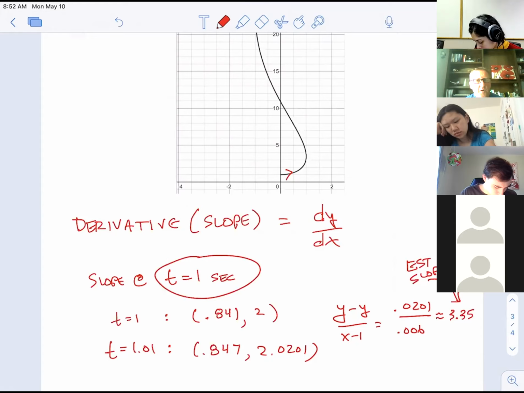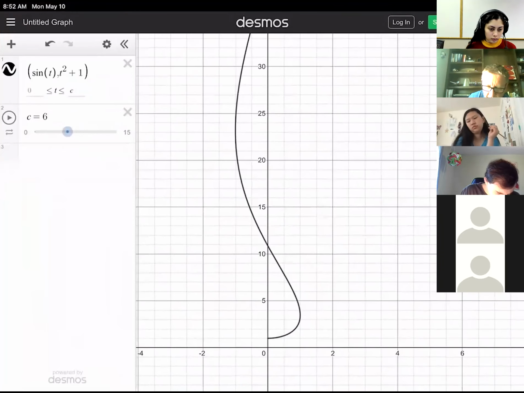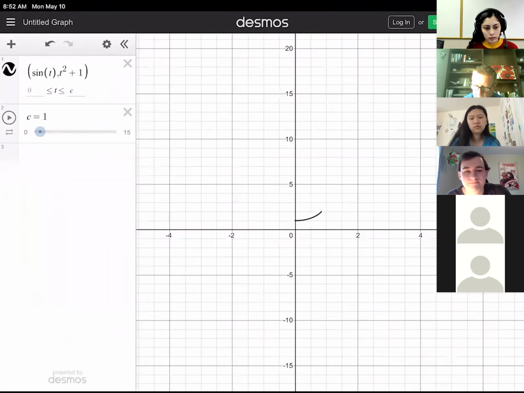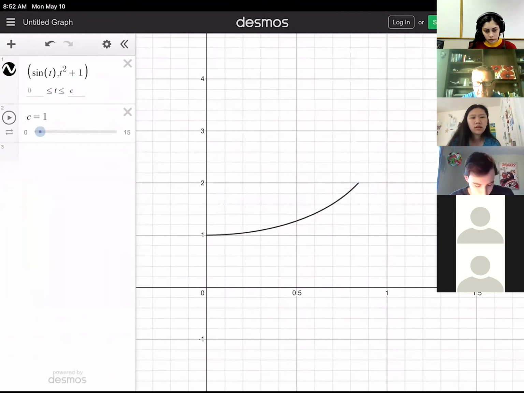So I'm wondering, you know, where was I at 1 second? Let's go back and look at that on Desmos to see if that even looks reasonable. I'm going to go to 1 second now. Remember I distorted my graph, so I'm going to go fix that.